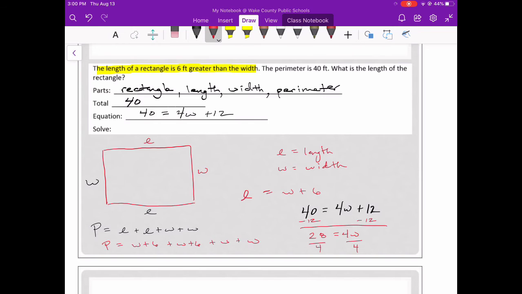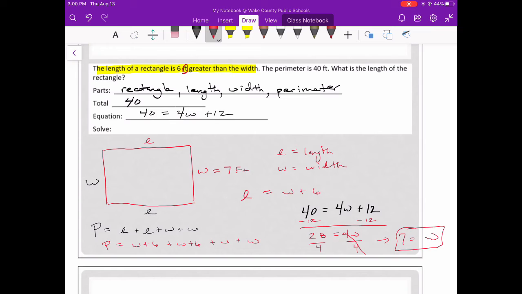So I multiply both sides, or sorry, I divide both sides by 4. 28 divided by 4 is 7. And 4 divided by 4 is 1. So 1W is just W. So when I solve, I get that the width of this rectangle is 7 feet, because that's our units up here.